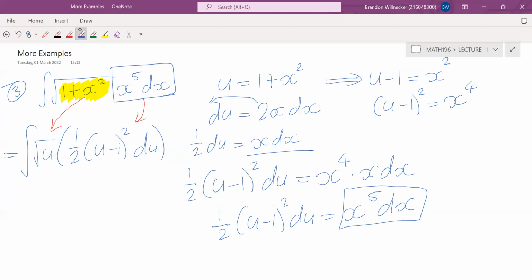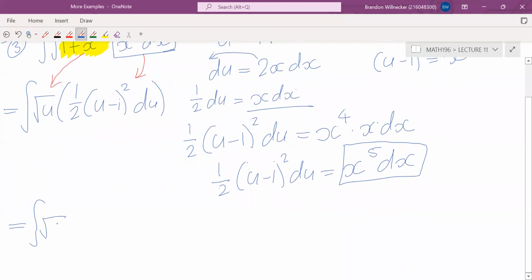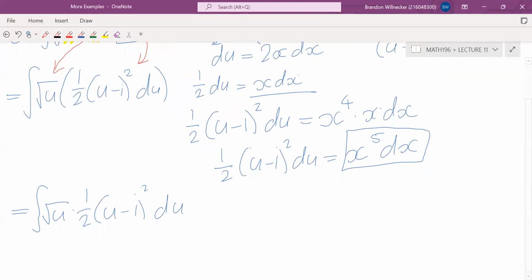So now we've got a new integral to calculate. This becomes the integral of the square root of u times 1/2 (u minus 1) squared du. Now this looks a bit complicated, but it's nothing more difficult than what we've had before.